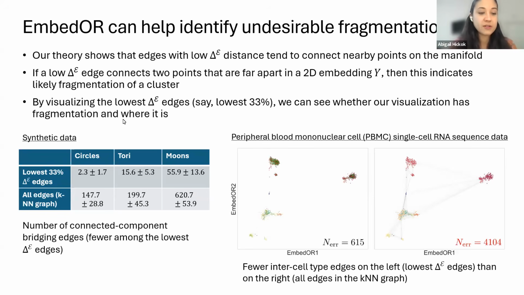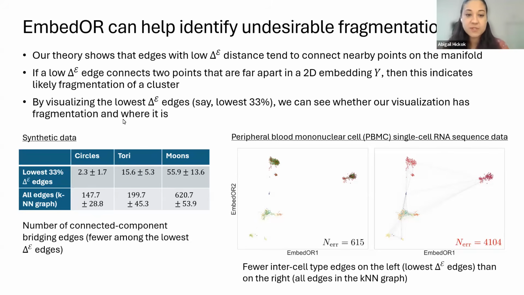And when we look at the lowest EmbedOR metric length edges, we find that there are many fewer connected component bridging edges as compared to looking at all the edges in the graph. And the same thing when we look at a real world data set. So this is that same single cell RNA sequencing benchmarking data set that I showed earlier.